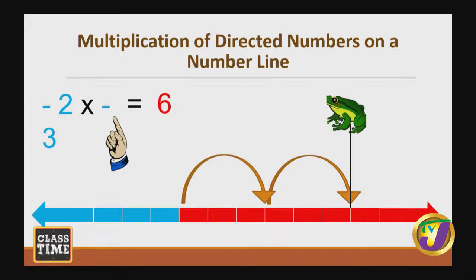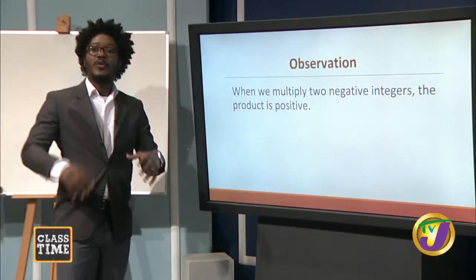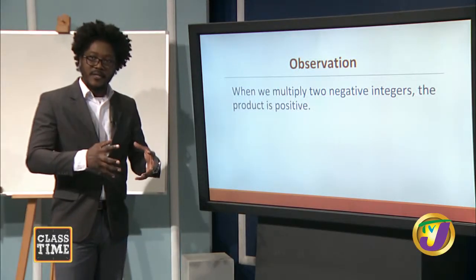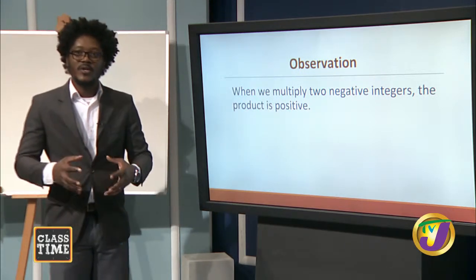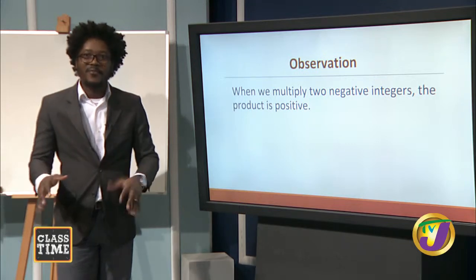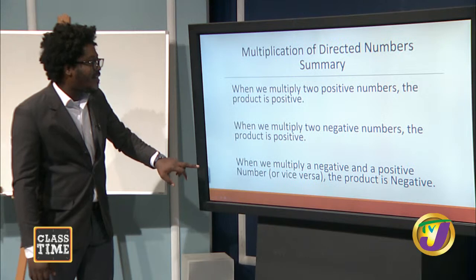So here we realize that when we multiply a negative number by another negative number, the result is going to be positive. So that is what we just observed, and we just reiterate it again. When we multiply a negative number by another negative number, the result is going to be positive every single day and twice on Sundays.